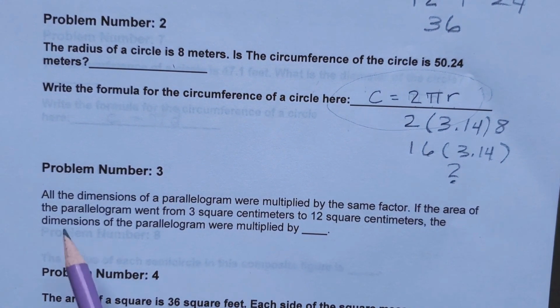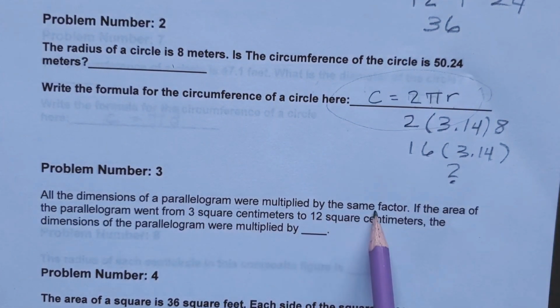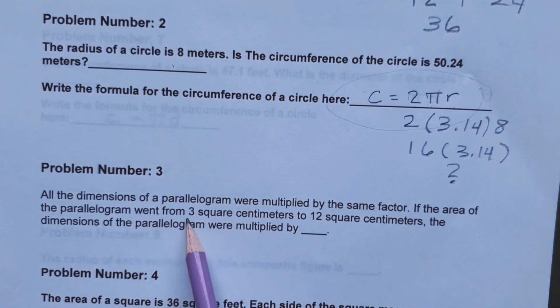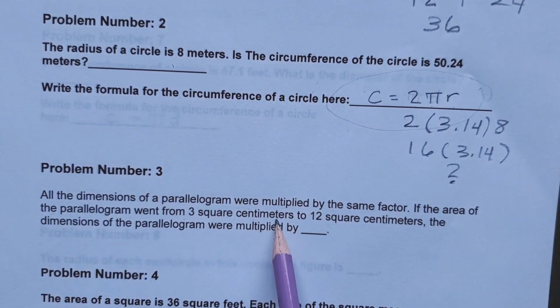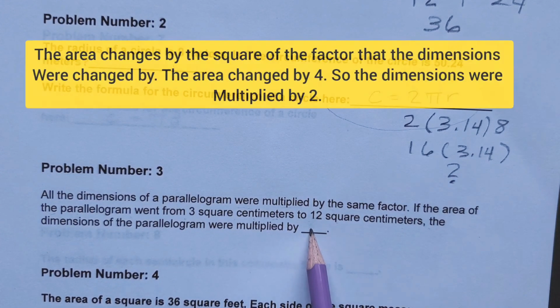Okay. All the dimensions of a parallelogram were multiplied by the same factor. If the area of the parallelogram went from 3 square centimeters to 12 square centimeters, the dimensions of the parallelogram were multiplied by what?